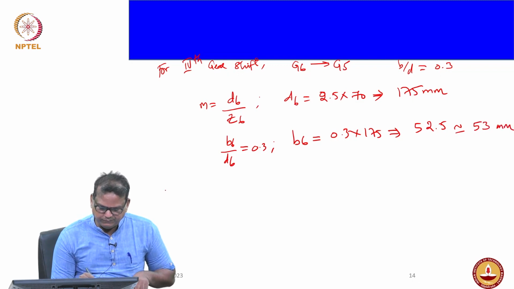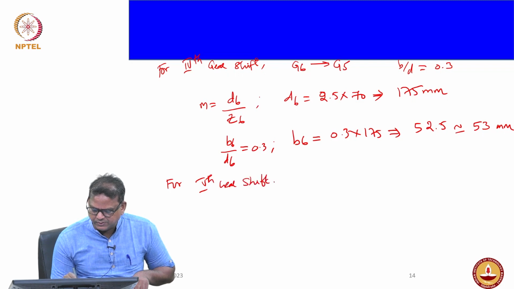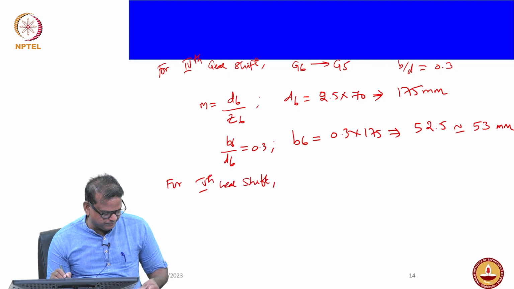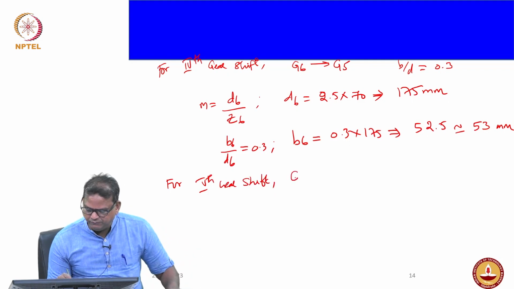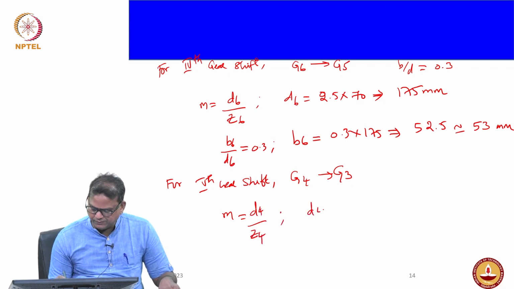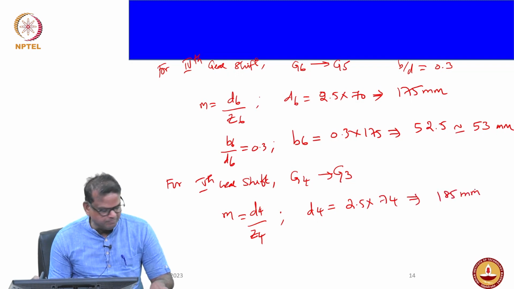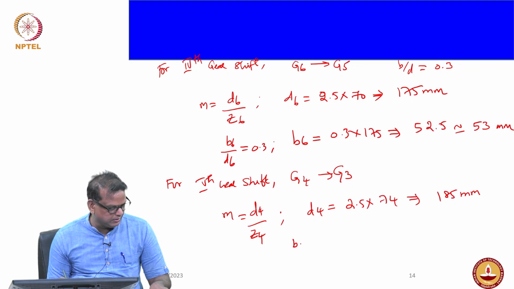For the fifth gear shift, gear 4 meshes with gear 3. M equals D4 by Z4, so D4 is 2.5 times 74, which is 185 millimeters. The B by D ratio for gear 4 we have chosen as 0.3.